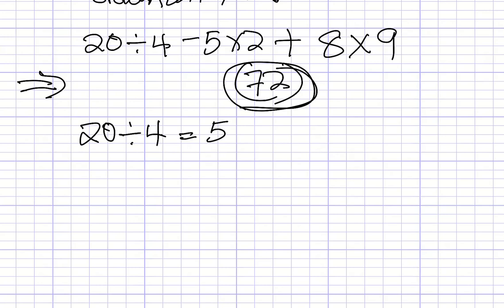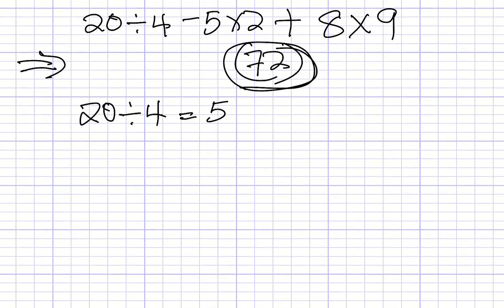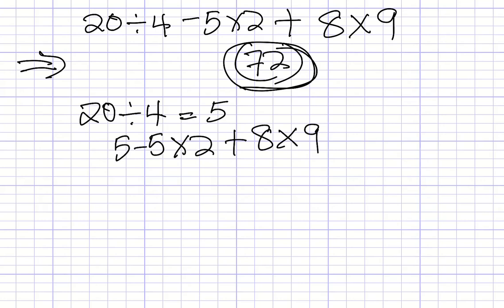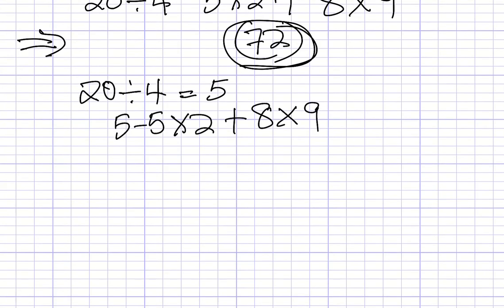So then you write the problem, you say 5 minus 5 times 2 plus 8 times 9, right? Now the next thing we'll have, going from left to right, is subtraction. We're not going to do it first.